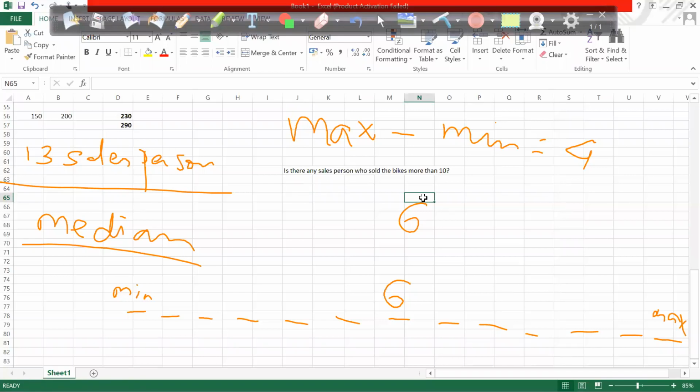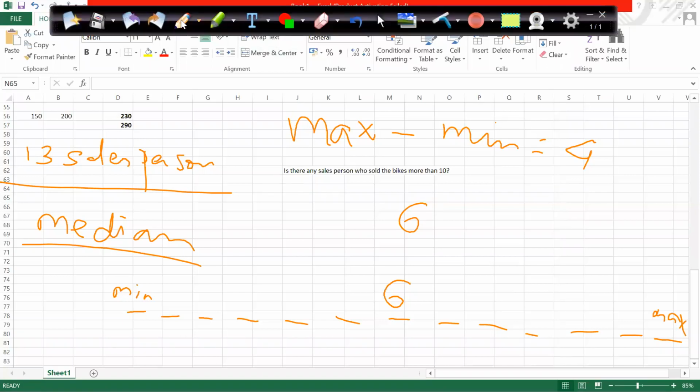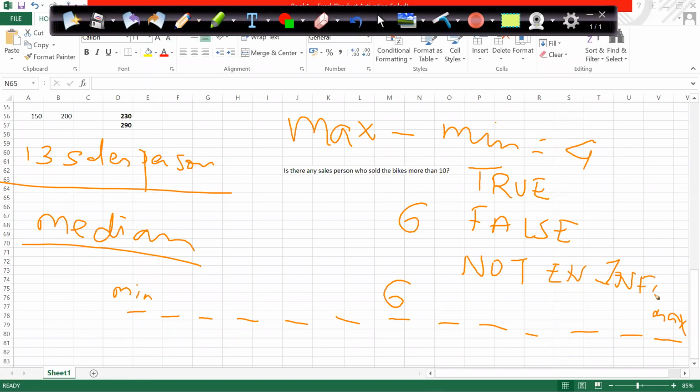Let's say I'll give you 3 options. Is there any salesperson who sold more than 10 bikes? The answer is true, or false, or not enough information. These are the options you have.